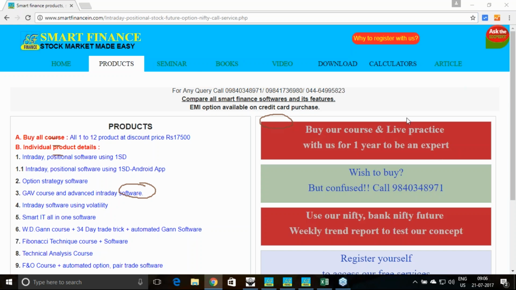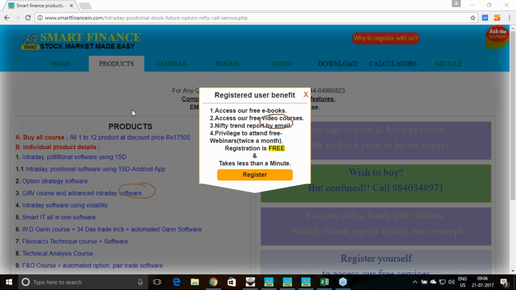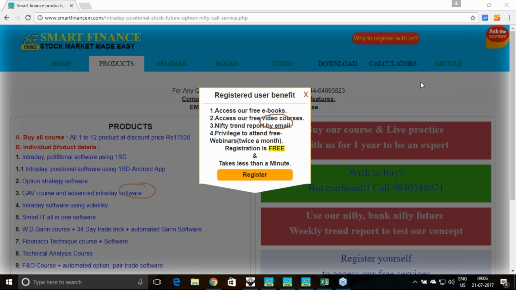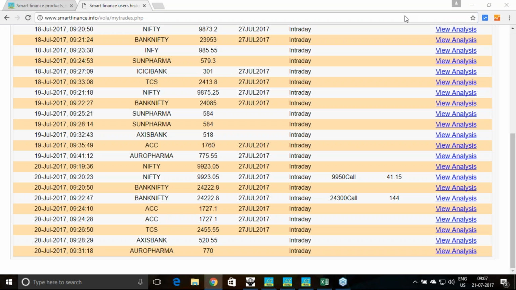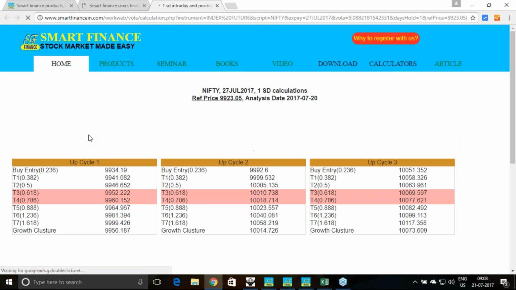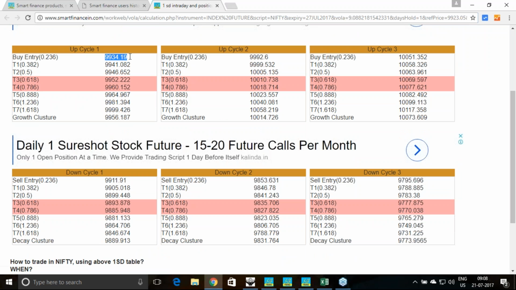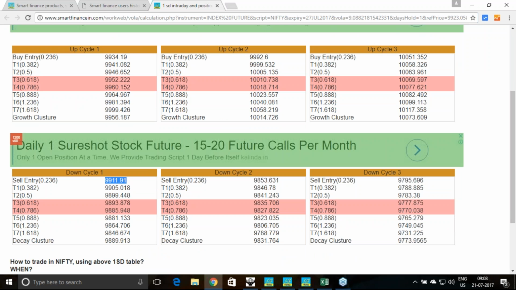So we'll move into yesterday's analysis. In fact, for Nifty we waited at 9:20, we initiated the analysis, and we did not get the uptrend breakout; rather we got the downtrend breakout.